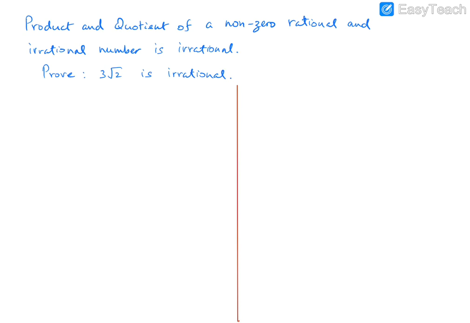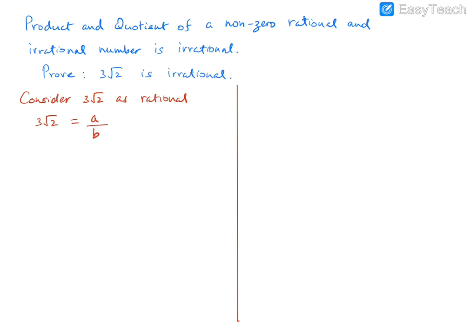And again, we will use the method of contradiction. So we will again consider 3 root 2 as rational. That means we can write 3 root 2 in the form of a over b, where a and b are integers with no common factor other than 1.